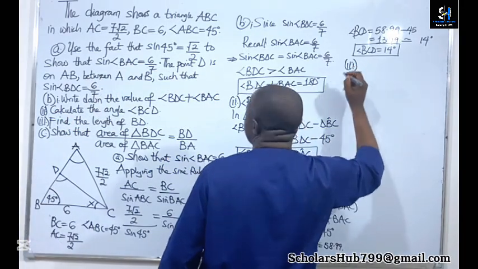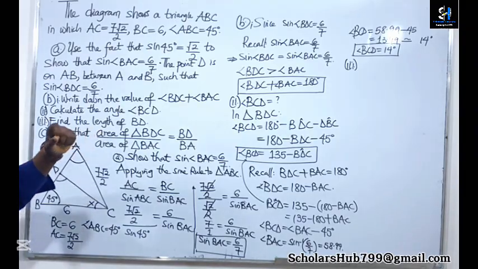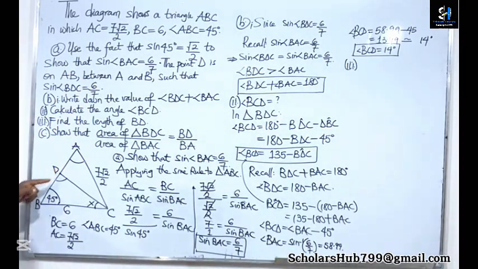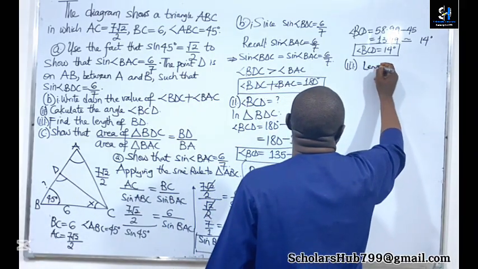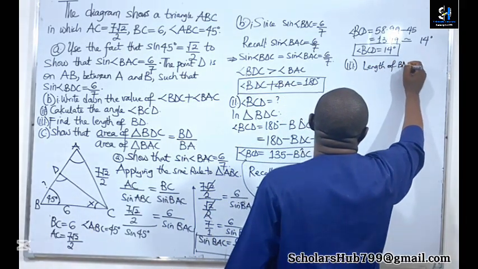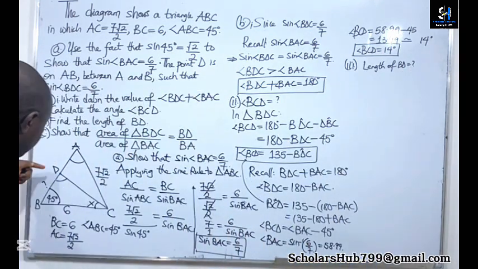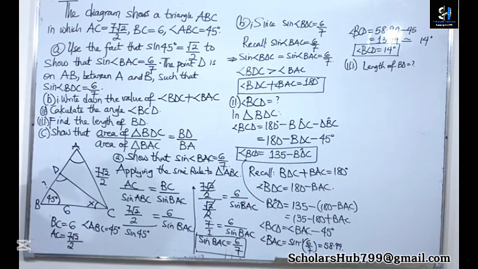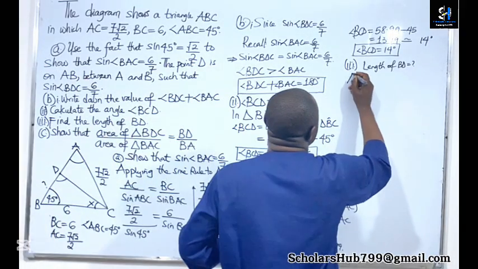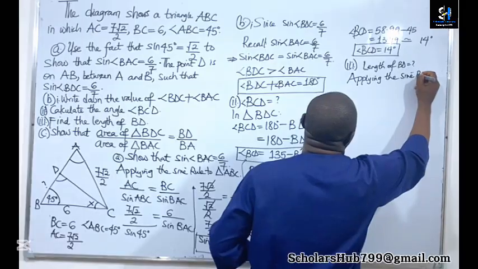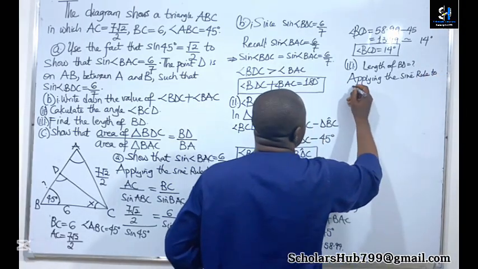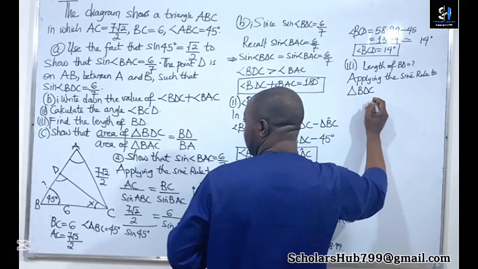Now for Roman numeral 3, we're asked to find the length of BD. We just calculated the angle BCD, so let's use the sine rule, applying it to triangle BDC.